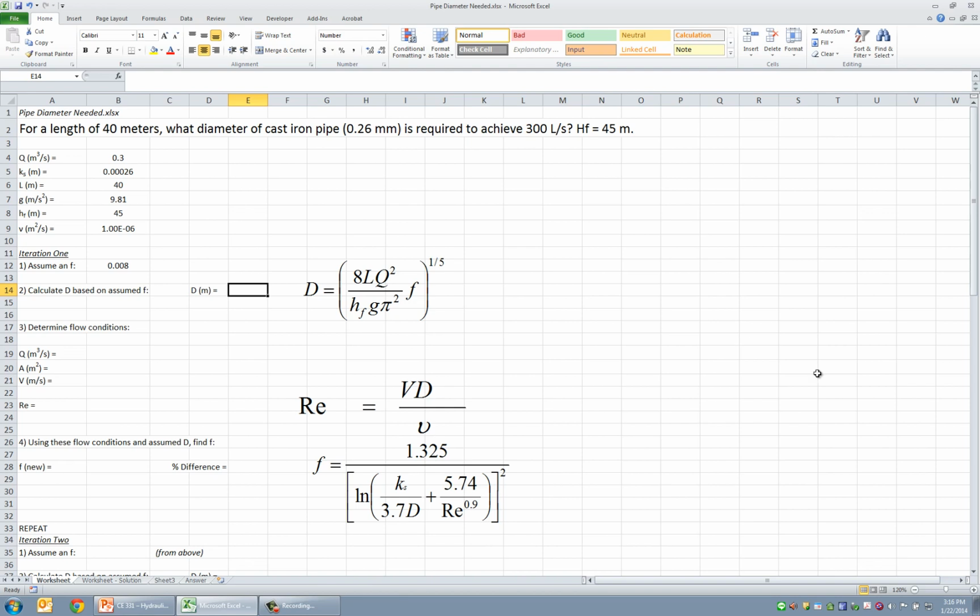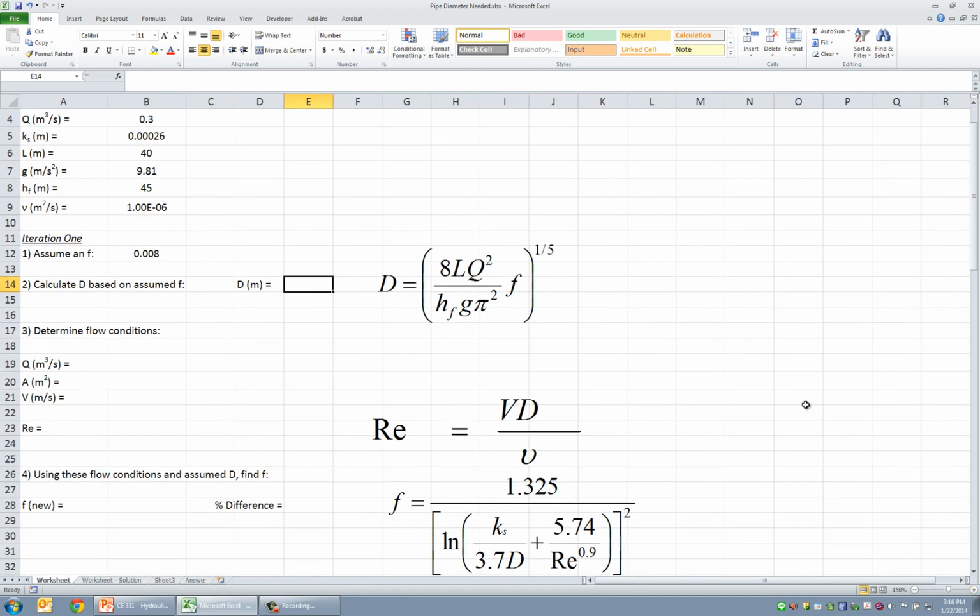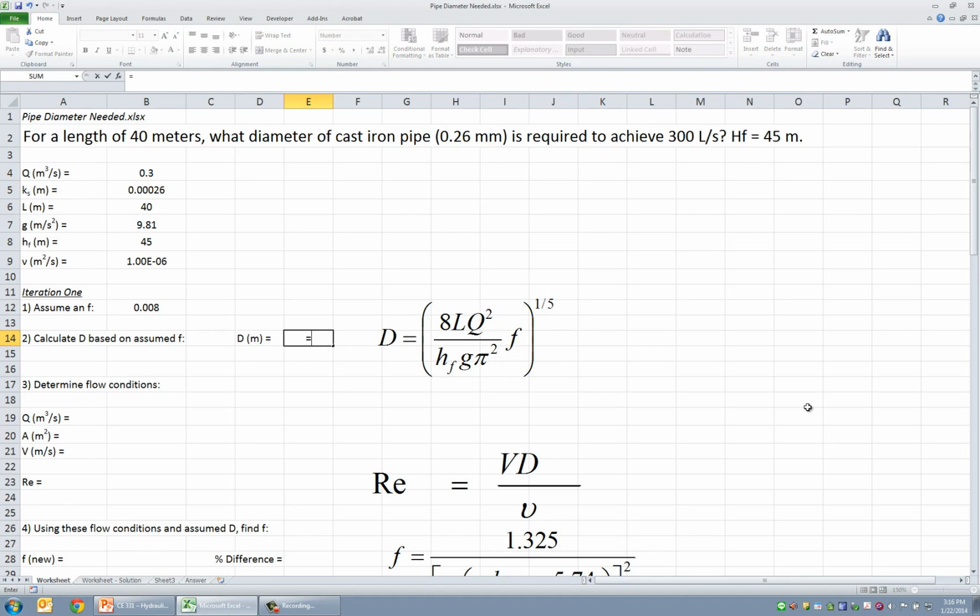I have to type in the equation here. So I'll do that. It is 8 times the length.